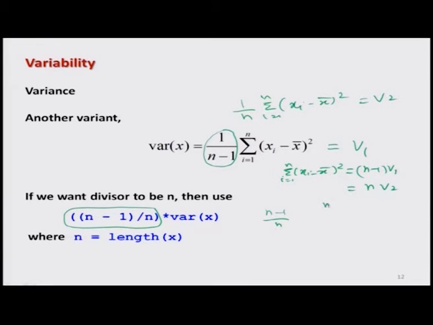So, using this relation, n minus 1 times V1 equals n times V2, the variance of x has to be multiplied only by a factor n minus 1 upon n. Here n is the length of the x vector, which is the total number of observations available in the x vector.